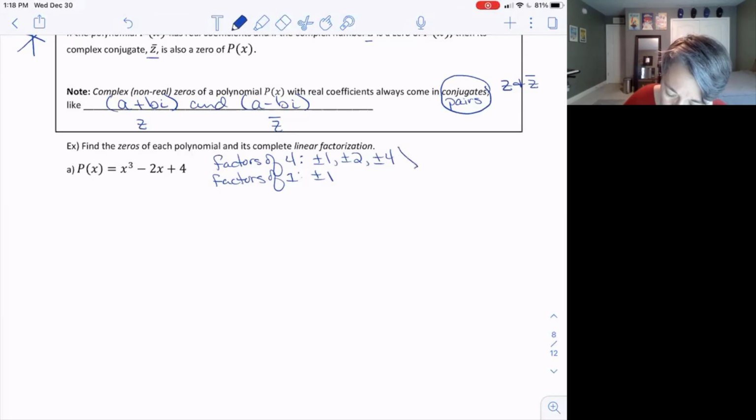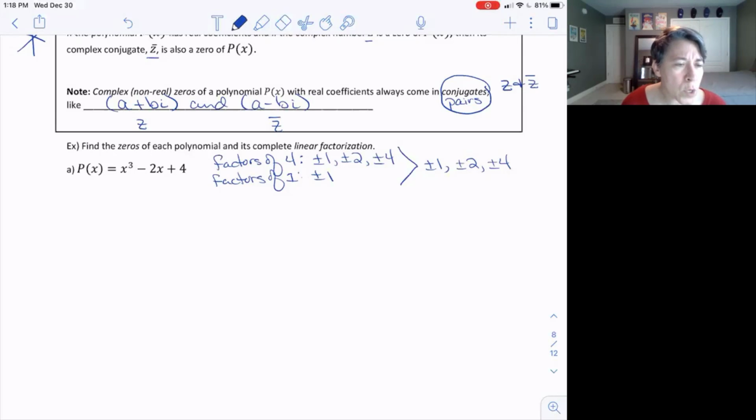So our possible zeros, we're going to divide all those. 1 divided by 1 is 1. 2 divided by 1 is 2. And 4 divided by 1 is 4. So those are all of the possible real rational zeros. Doesn't cover our complex, just the reals. But if we can find one of those, then maybe we can simplify that polynomial to find our others.